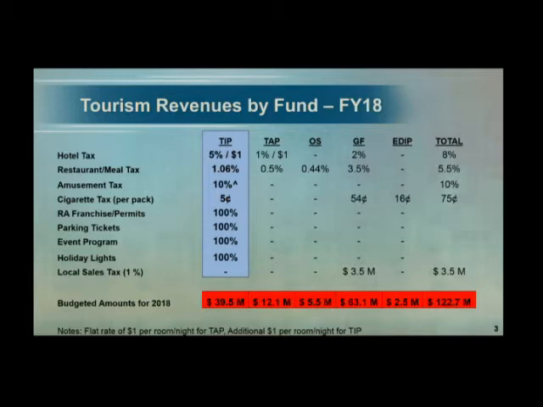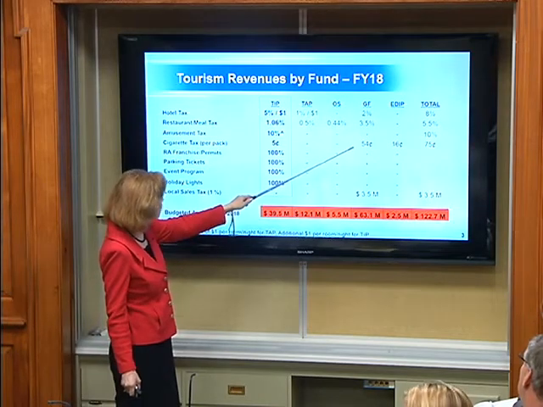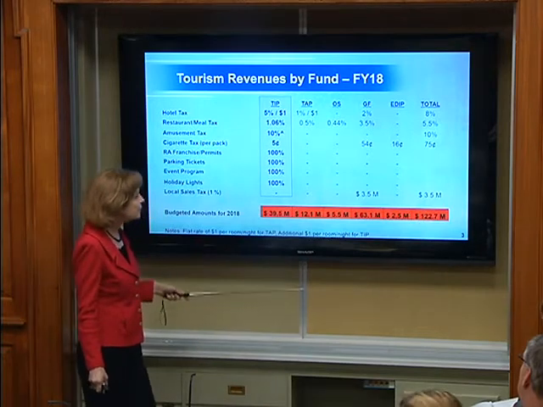I laid out the TAP fund just to illustrate: 1% of the hotel tax plus a dollar room night goes there, and 0.5 cent of the restaurant meal tax. Open space gets 0.44 cent of the restaurant meal tax. The general fund portions of those taxes are 2% of the hotel and 3.5 of the restaurant meal tax, of course the major portion of the cigarette tax, and EDIP gets 16 cents of the hotel.